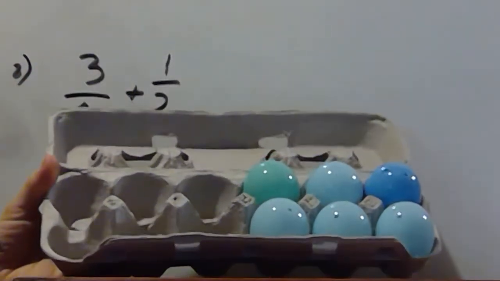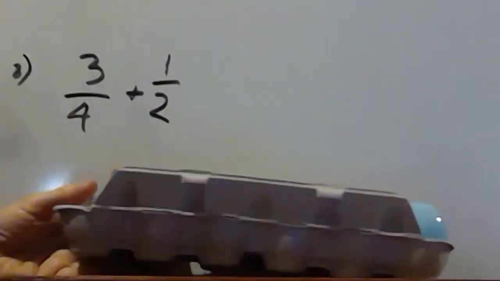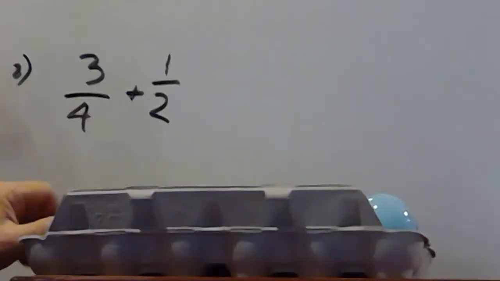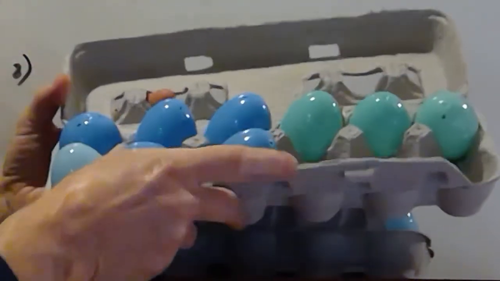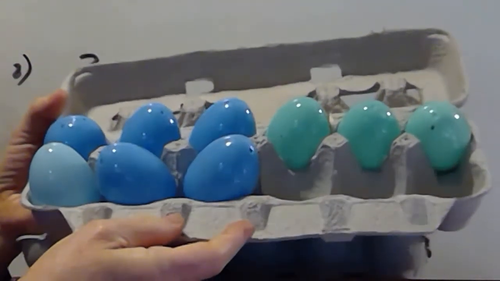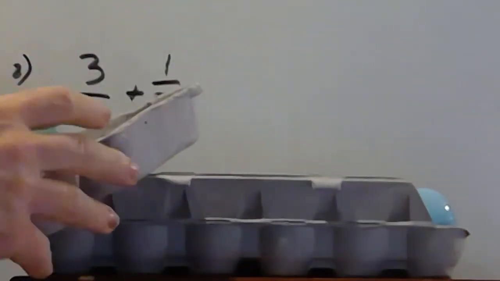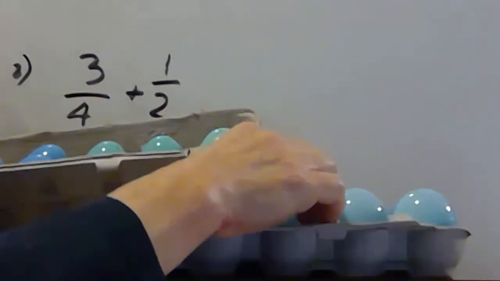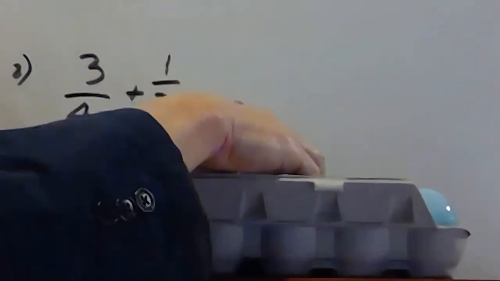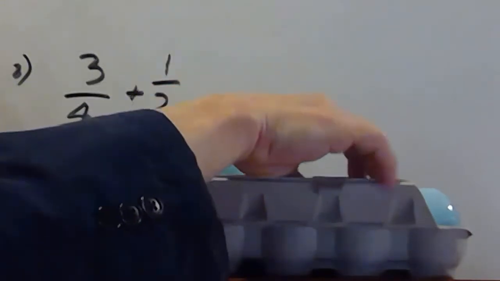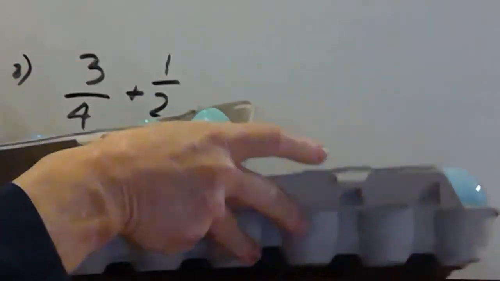So now I have 3/4 of an egg carton filled, and I have 1/2 of an egg carton filled. So now what I want to do is fill up as much as I can because I'm adding it together. So I'm going to take some eggs from here and fill up my whole carton here.